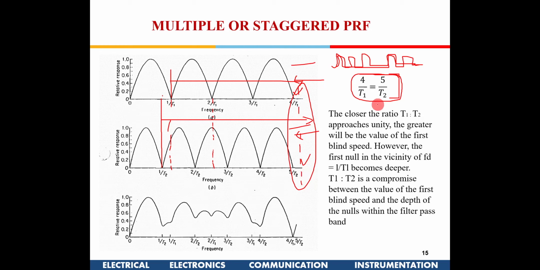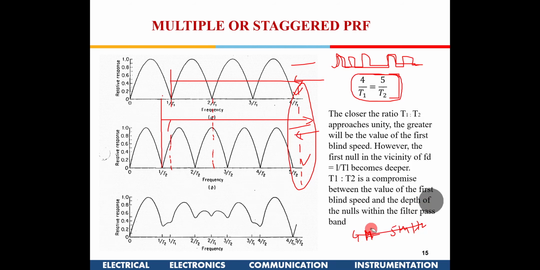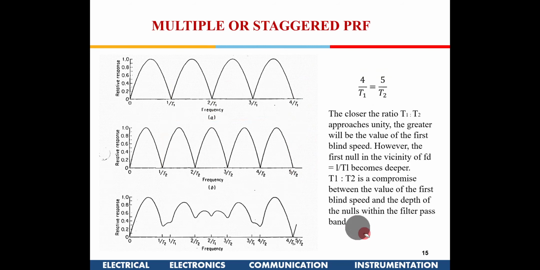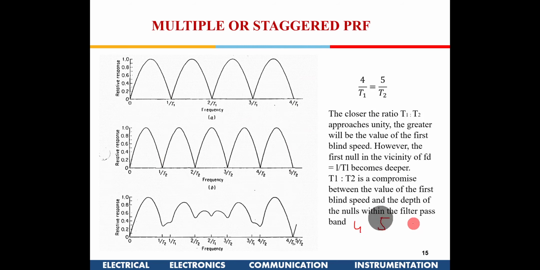Now if you keep these things closer to each other, suppose one is at 4 megahertz and the other at 5 megahertz. If you take the LCM between 4 and 5, it will be around 20.